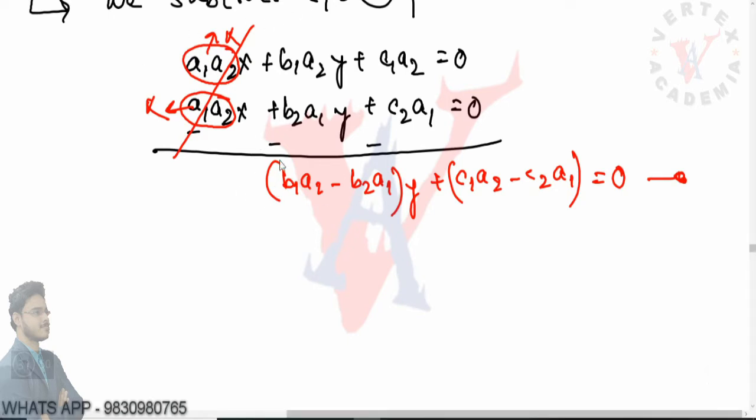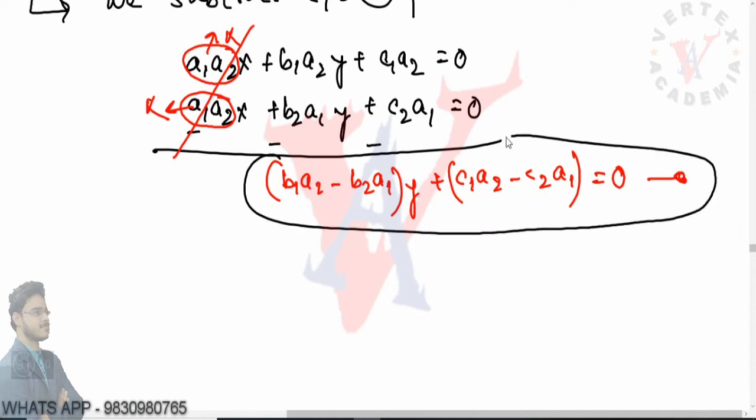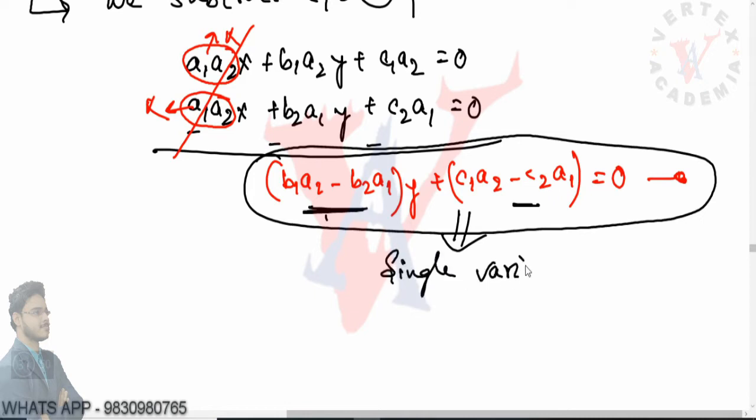After doing all these steps, we have come to a point where a1, b1 and so on are all constants. So this is a constant times y plus a constant equals 0, which is a single variable equation in y. From here we can easily get the numerical value of y.